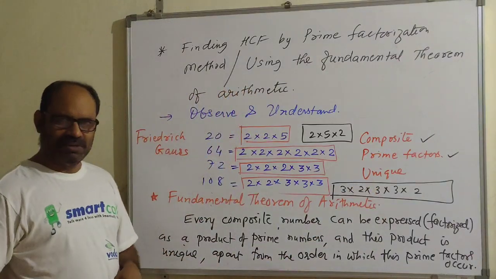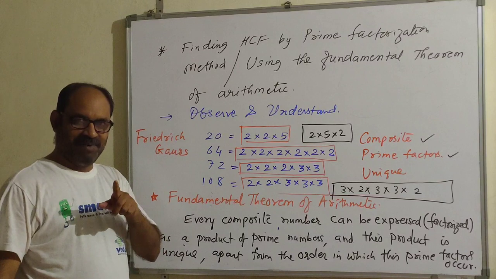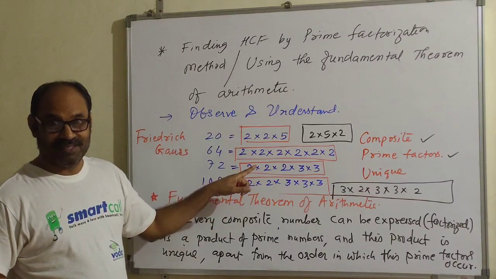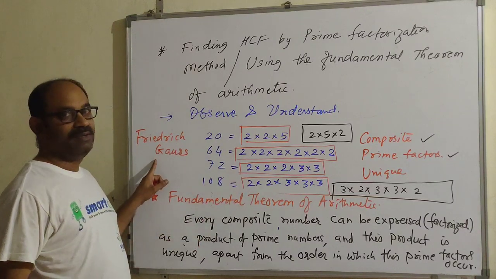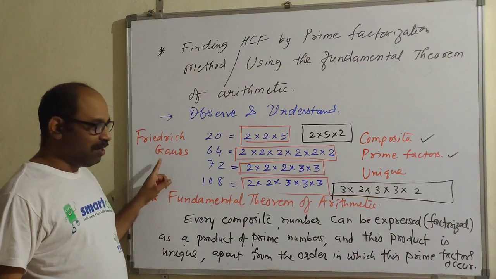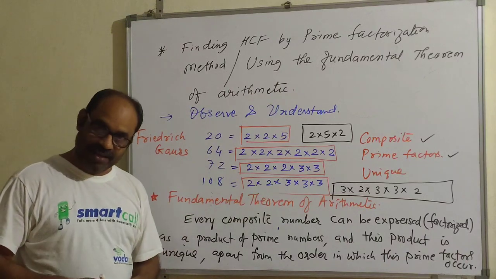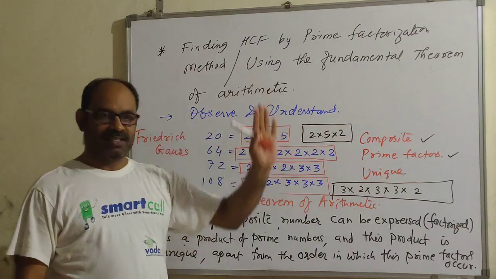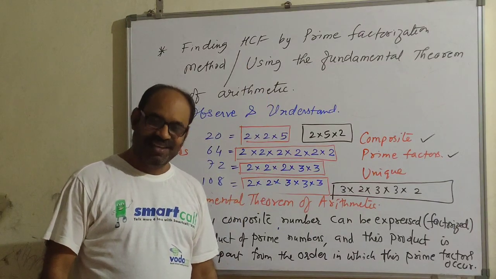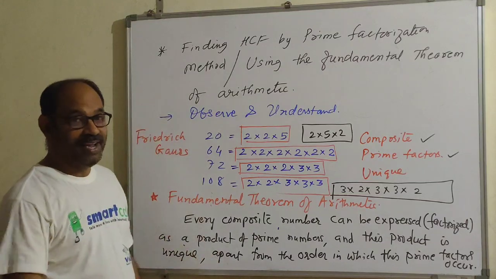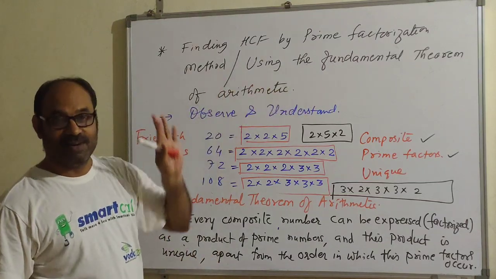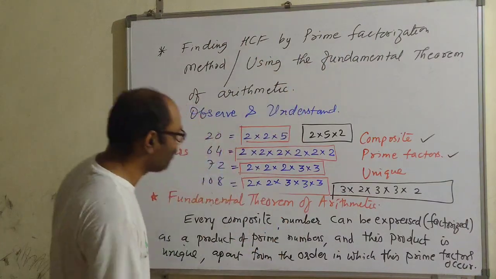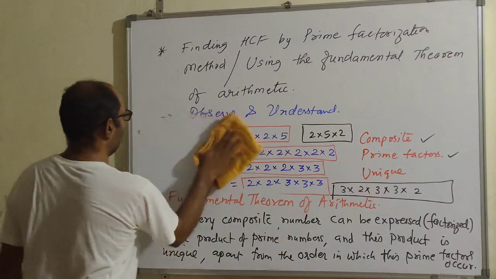Well, you learnt about Euclid in 9th standard. Do you remember? Yes. Euclid had actually first observed this, but in proper statement form, it was given by Gauss. So Gauss gave the fundamental theorem of arithmetic. That is nothing but writing each composite number as a product of its prime factors. Did you get it? So now we are going to find HCF using the fundamental theorem of arithmetic, which is nothing but obtaining prime factors of numbers. Clear to you? Good.